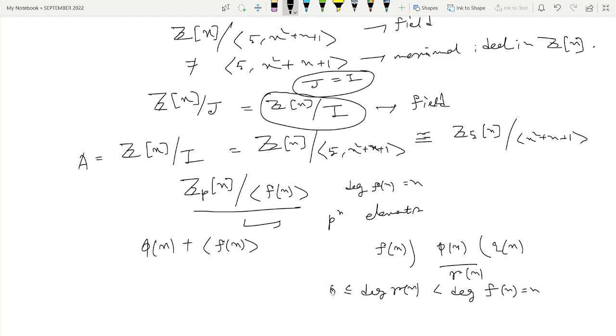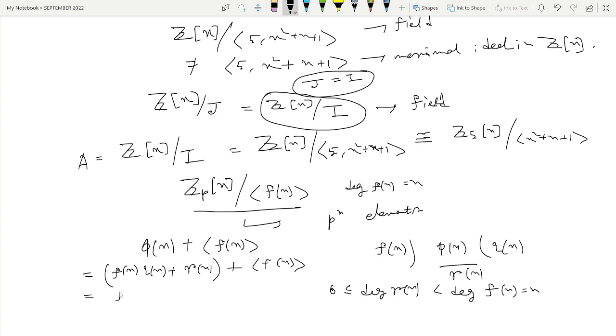So clearly this rx is a polynomial of degree at most n minus 1, and phi x is of the form fx into qx plus rx, plus the ideal generated by fx.